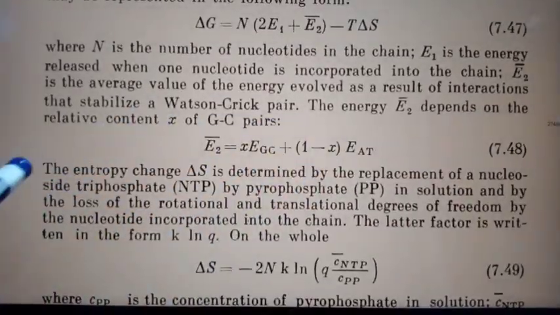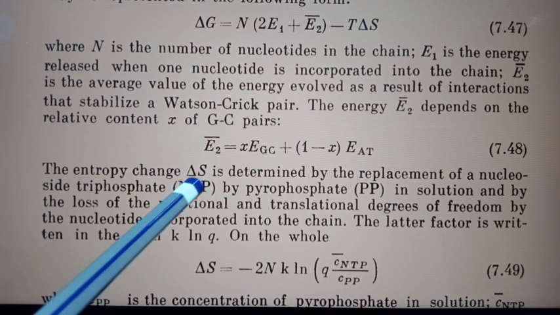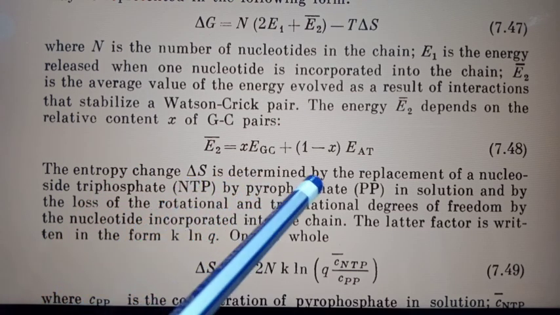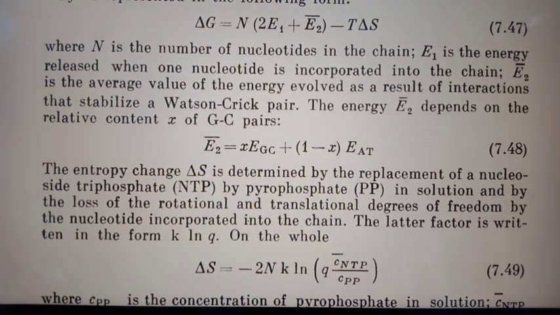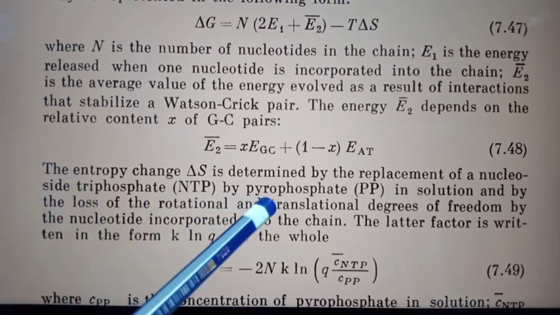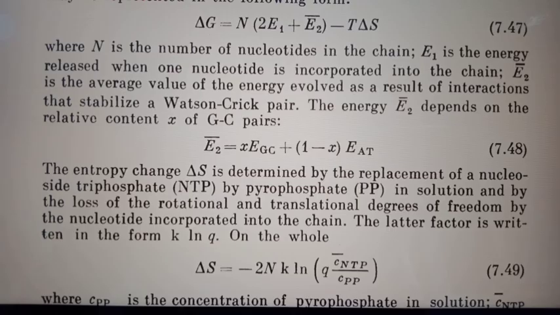The entropy change delta S is determined by the replacement of the nucleoside triphosphate by pyrophosphate in solution and by the loss of rotational and translational degrees of freedom by the nucleoside incorporated into the chain.